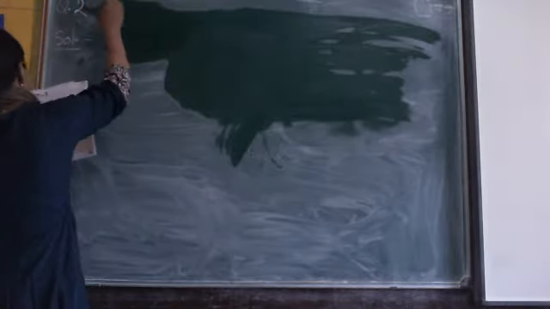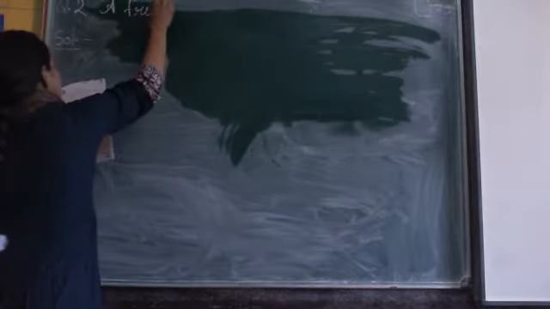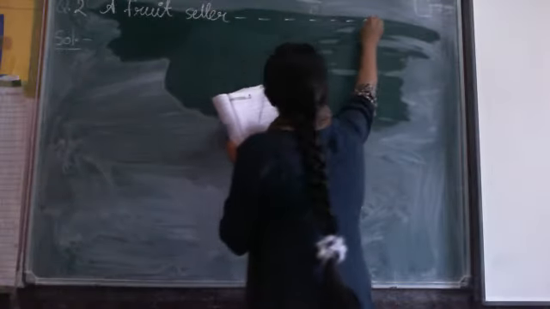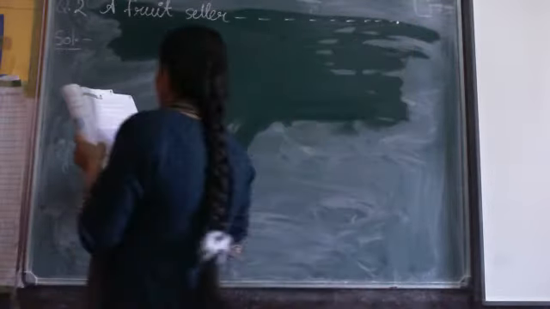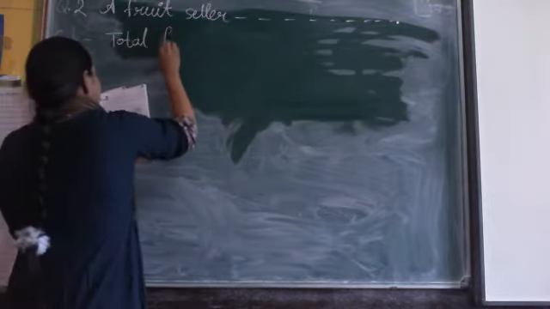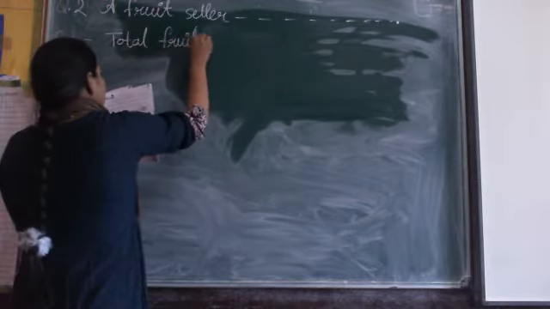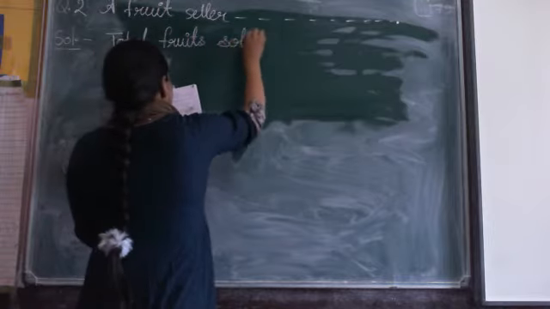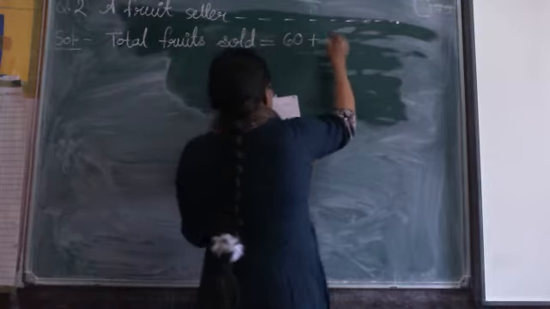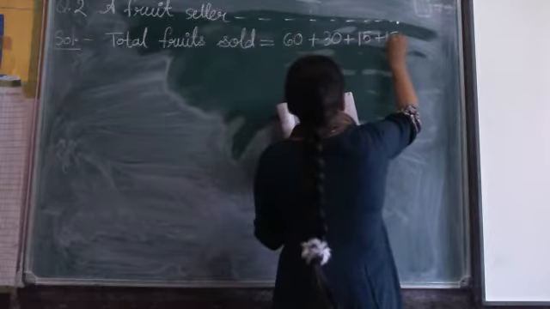Question number 2. Total fruits sold: 60 plus 30 plus 15 plus 15 oranges.